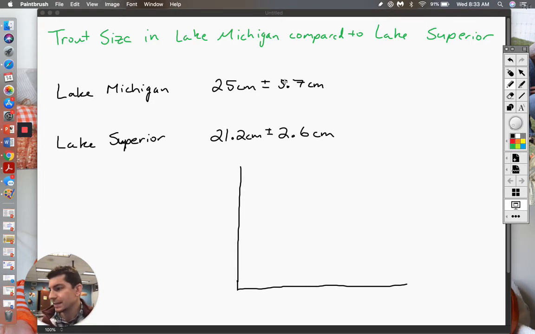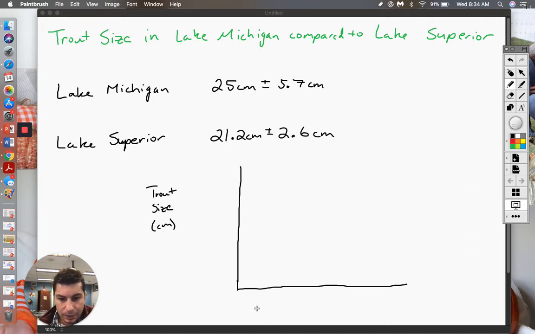So in this example, our best type of graph would be to use a bar graph. Now, bar graphs are going to be a little different in AP than they were in your previous classes. So for our dependent variable, on our y-axis, we're going to have trout size in centimeters.